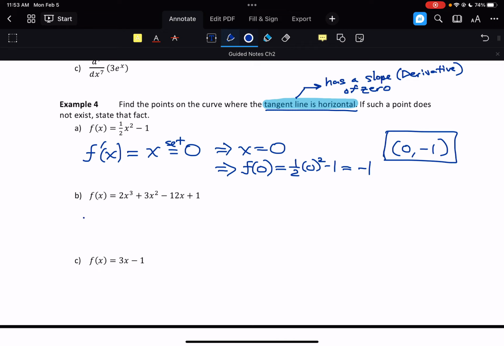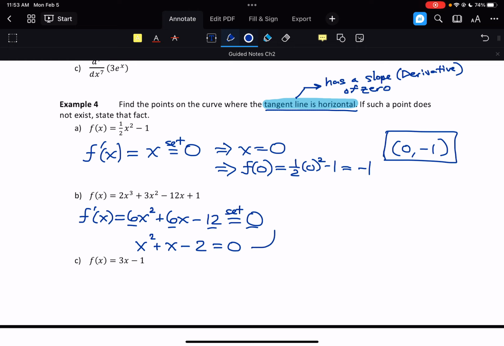For this next one, take the derivative of this polynomial. So bring down the 3, that's 6x squared. Bring down the 2, that's 6x. And 12 times 1. And then derivative of 1 by itself is 0. Set that equal to 0. Let's go ahead and divide everything here by 6. Simplify this a little bit. So x squared plus x minus 2 equals 0. This is factorable as x plus 2 and x minus 1.